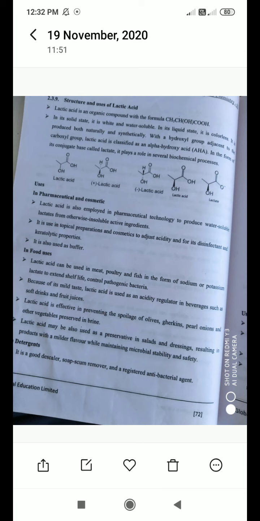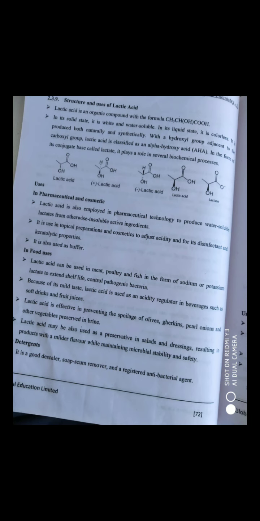Lactic acid may also be used as a preservative in salads and dressings, resulting in produce with a milder flavor while maintaining microbial stability and safety. It can be used as a preservative for salads and dressings, and it also produces a milder flavor.